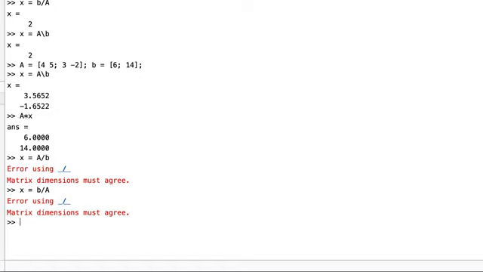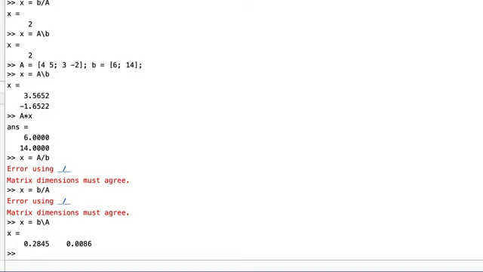But because there's one row of A and one row of B for each equation, A and B have the same number of rows, so the backslash does work. And if you correctly choose the backslash operator but put the B before the A, you get a row vector as an answer with the wrong elements. So use the backslash operator and put the A before the B, and you are guaranteed to get the right answer.